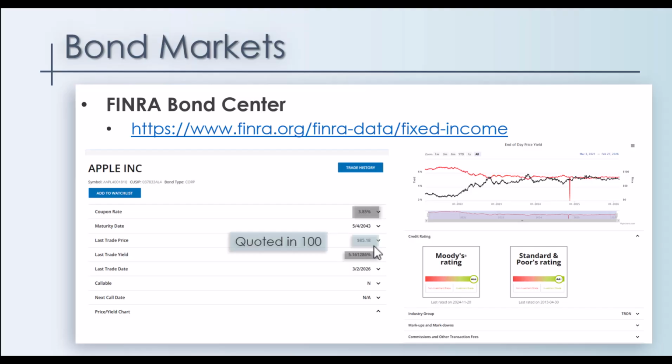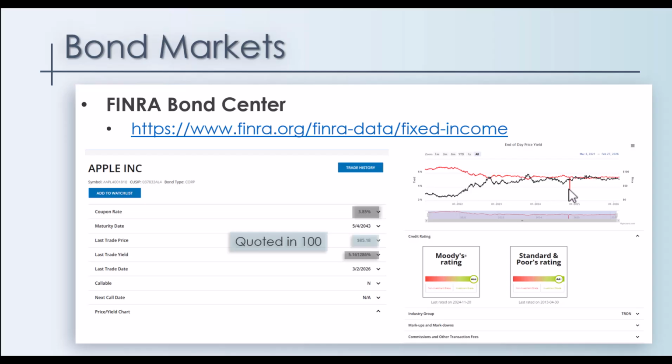And here you will have to note that it is all quoted in 100. So even though it shows up as $85.18, it means it's $85.18 of its par value. Most likely $851 per bond.